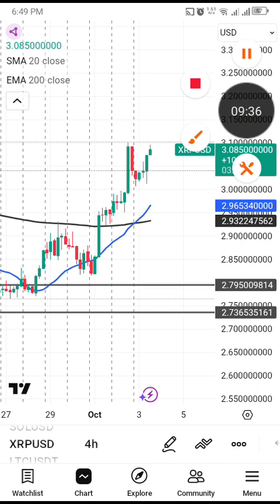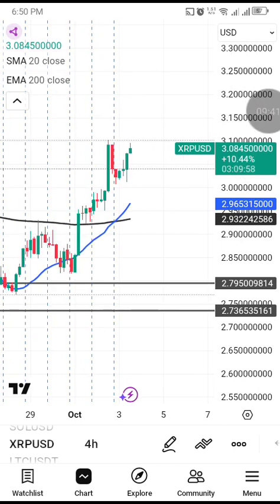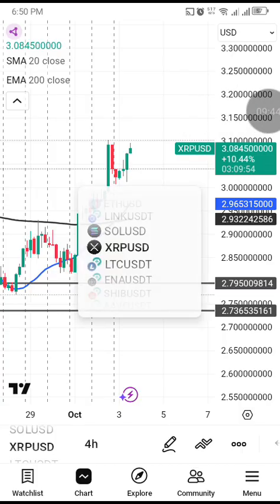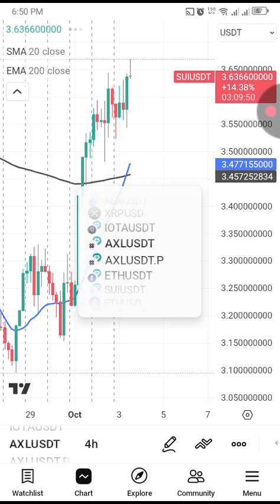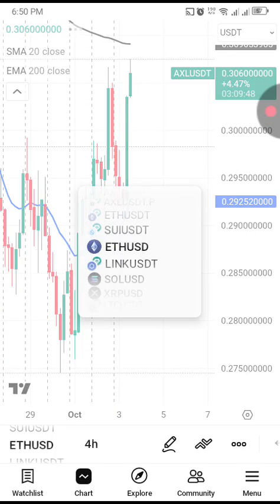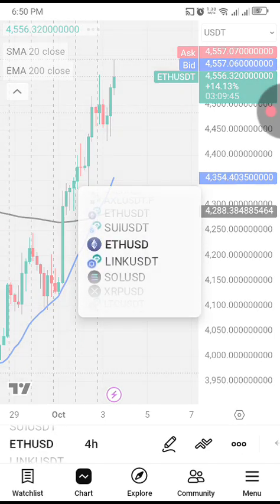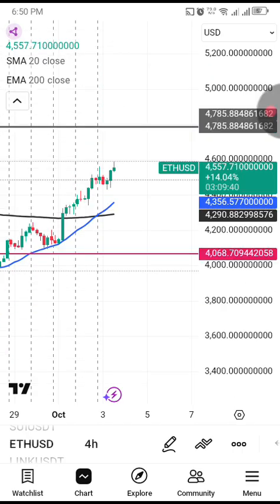Let me show you this signal where I have given them. Even on BNB. On Solana, Ethereum, look, there is a crossover.